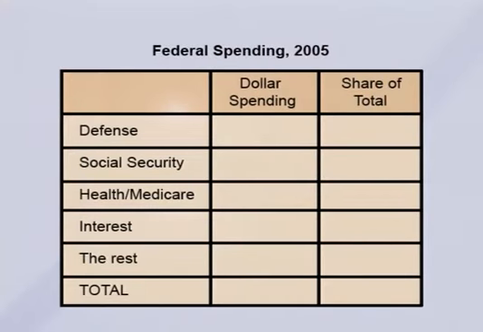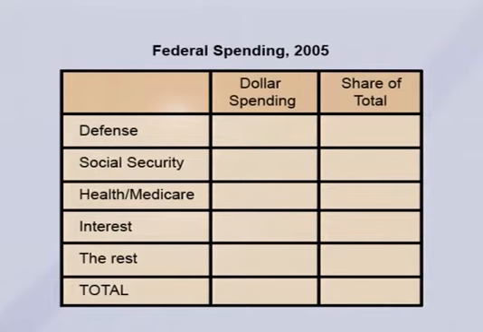If you're interested in knowing more about the budget, it's now all up on the web, and it's very easy to find at the Office of Management and Budget website. The main categories of federal spending, which make up about 70% of the total, are much the same over time. The 4 main categories are defense, Social Security, health spending, especially Medicare and Medicaid spending, and interest payments on past borrowing.